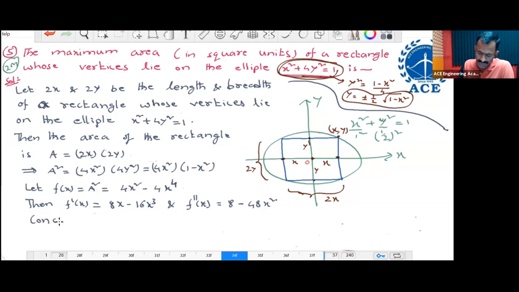After this, consider the first derivative equal to 0 to find the stationary points, which implies 8x is common. 8x into 1 minus 2x square equal to 0. Therefore, x equal to 0, and x equal to plus or minus 1 by root 2 are the stationary points.